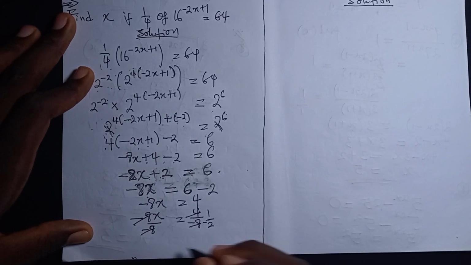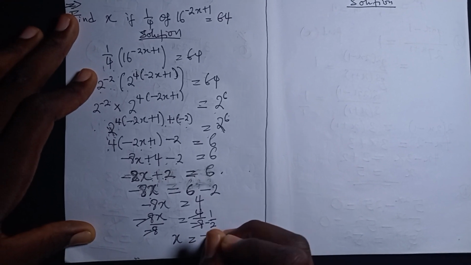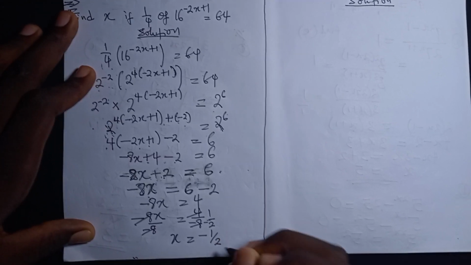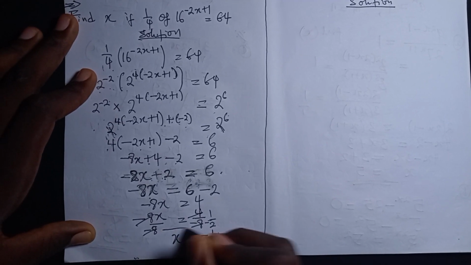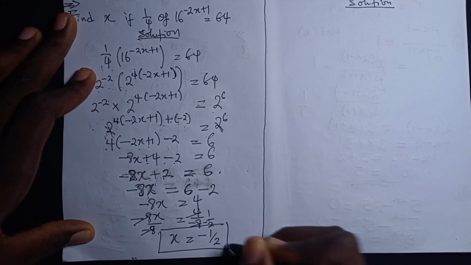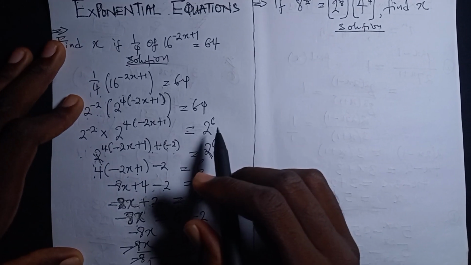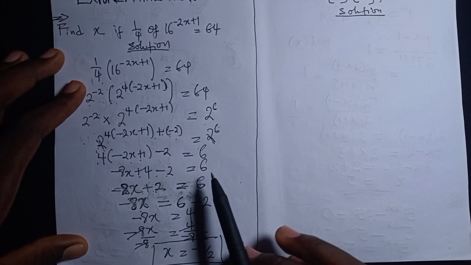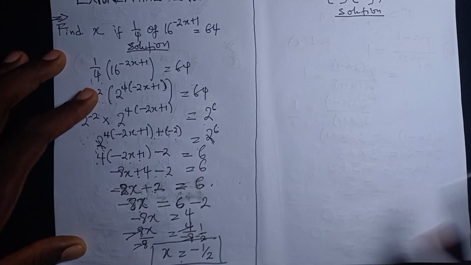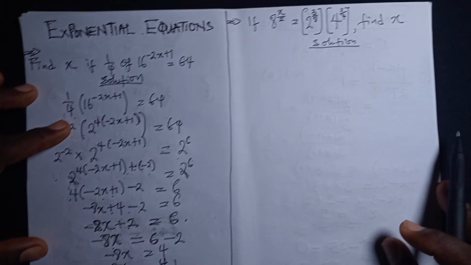So our value for x is equal to minus 1 over 2. This is our answer for this question. The value for x is minus 1 over 2.